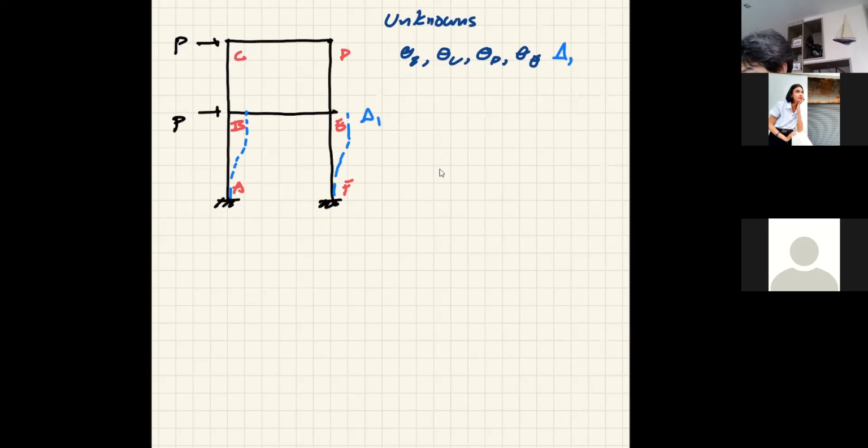And from this floor on, the difference, not the total, that can be your delta 2. So 6 unknowns in total, and you can say you are going to need 6 equilibrium equations.